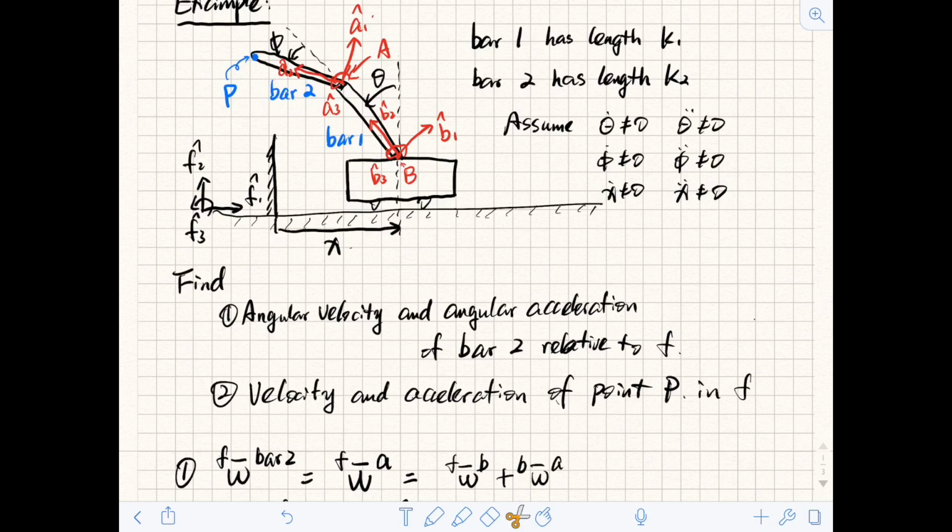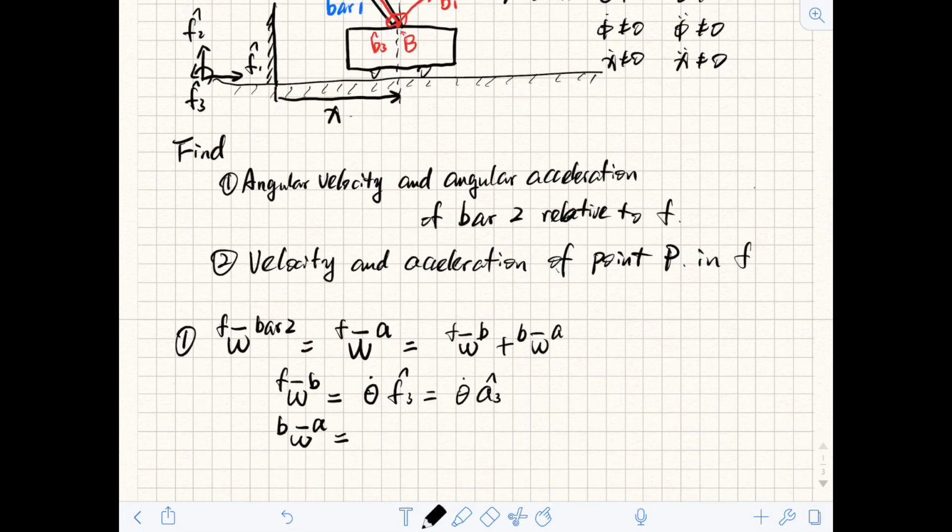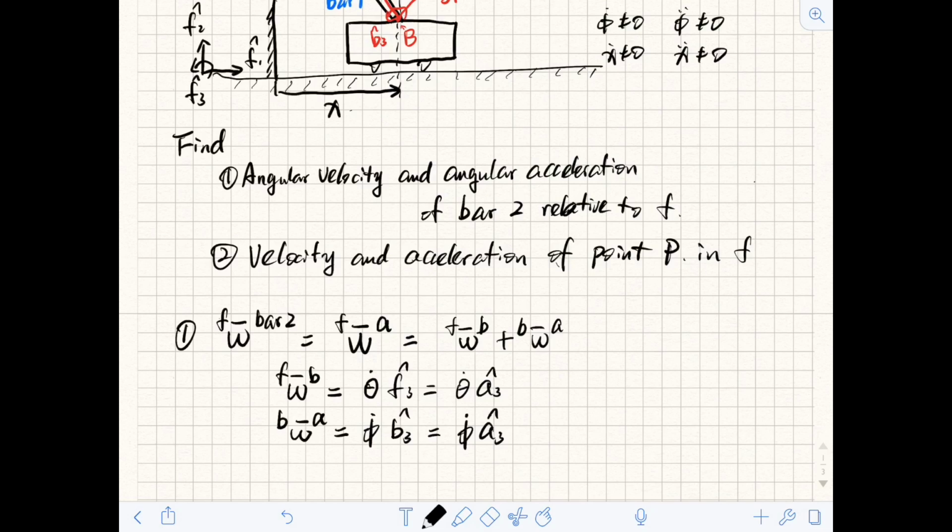Bar 2 makes the angle of phi relative to the position of bar 1, so this aligns with bar 1. So we have the angular velocity of A in B as phi dot B3. And this should be B3 instead.